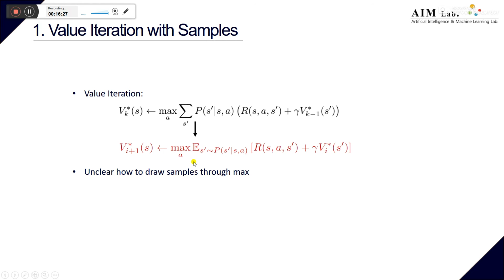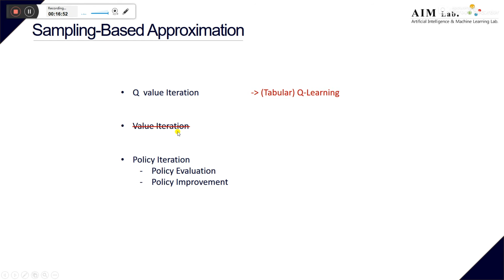Instead of having the expectation at the outermost level, as in Q-learning, we have a maximum over the actions we can take. In general, we cannot exchange this maximum with the expectation, so it is unclear how we can draw samples through this maximum function. So we cross out value iteration for sampling-based approximation.